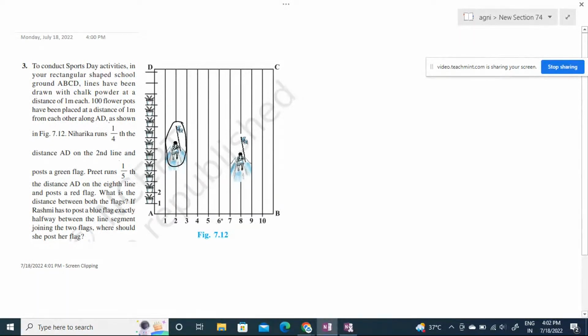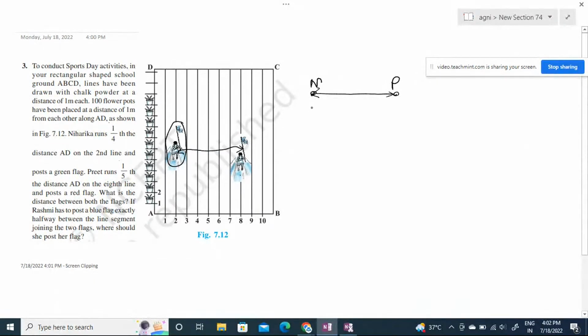Preet runs 1/5 of the distance on the 8th line. What is the distance between the two flags? We have to find the distance between these two flags. So the point at which Niharika is standing and the point at which Preet is standing, these are the 2 points, and we have to find the distance between them.